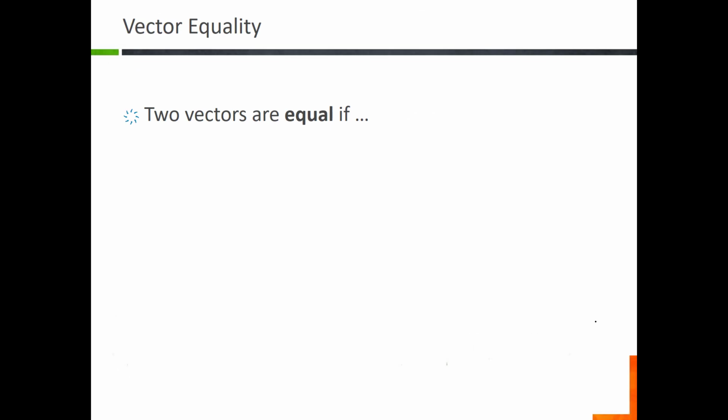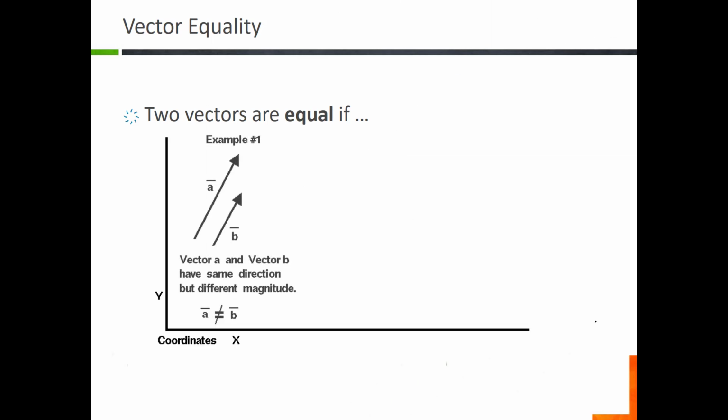So when we deal with vectors, we like to think about when vectors are equal to each other. This is one of the nice things about vectors, that they give us a lot of flexibility. So when are two vectors equal to each other? For example, say we had two vectors, vector A and vector B, but vector A was a little longer than vector B, but they both point in the same direction.